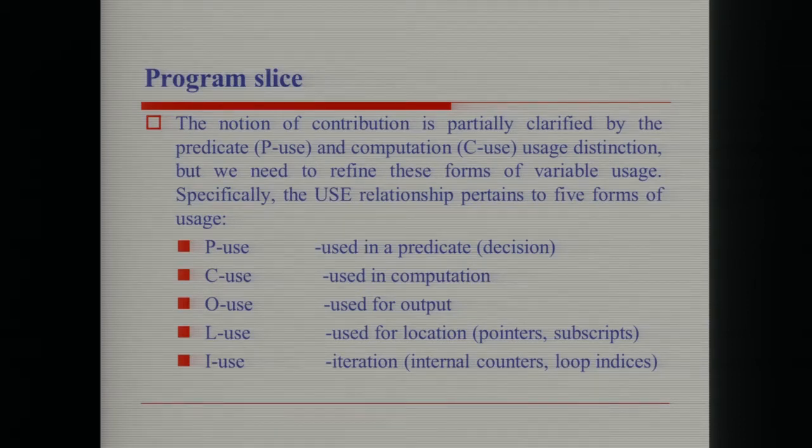IUs means the variable is used as part of iterations, like indices in an iteration. Inside a while loop you write I equal to I plus 1 to do the iterations; when the variable is that I variable, it is the iteration variable, so it is an I use.